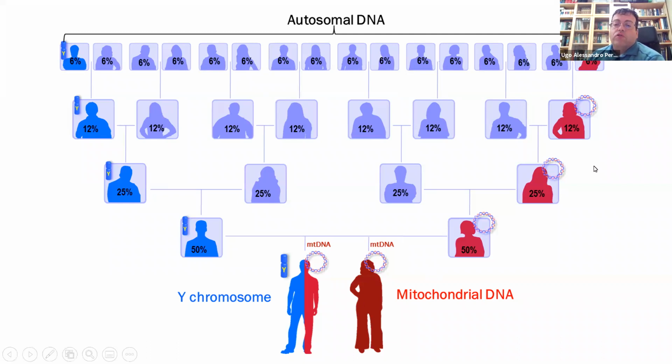Mitochondrial DNA follows the maternal line, from a mother to all of her children. So both males and females receive their mother's mitochondrial DNA. However, only females pass that mitochondrial DNA information on to the next generation. So as a male, I carry my mother's mitochondrial DNA, but none of my 5 children have my mitochondrial DNA.